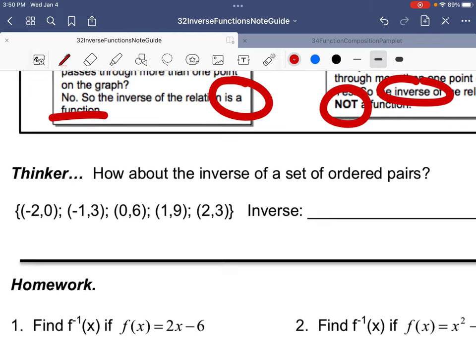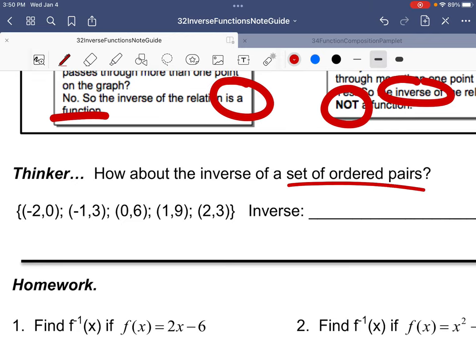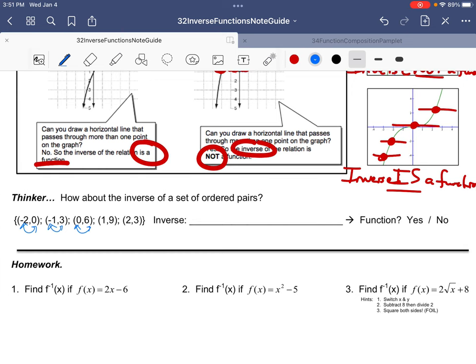One more thing. What if I ask you to do the inverse of a set of ordered pairs, of basically numbers? Well, it's actually what we kind of did in the very first step on the front, where we had points. And what do we do with those points? That's right, we just switched them. We actually switched all of them. And as you switch those points, you're creating the inverse.